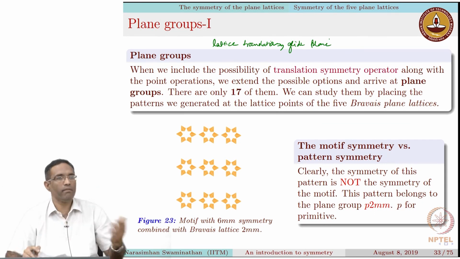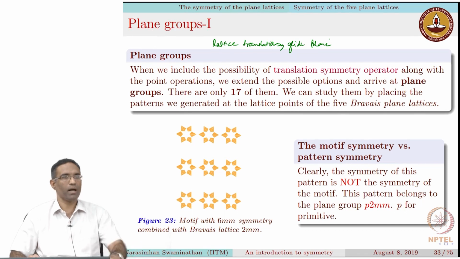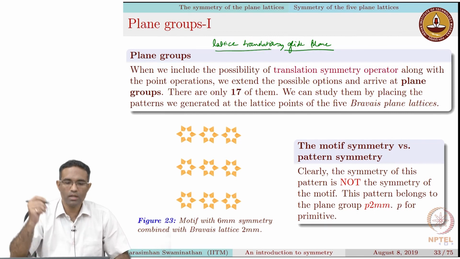So essentially you have a reflection about a mirror and then movement of that reflected element by half the lattice distance of the lattice vector, in a direction that is parallel to this mirror.